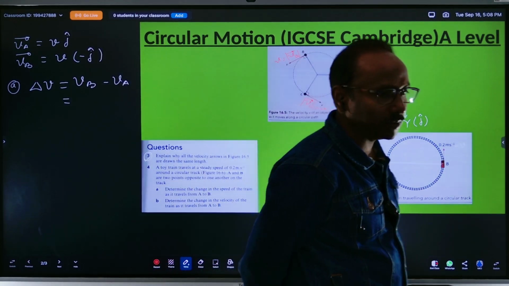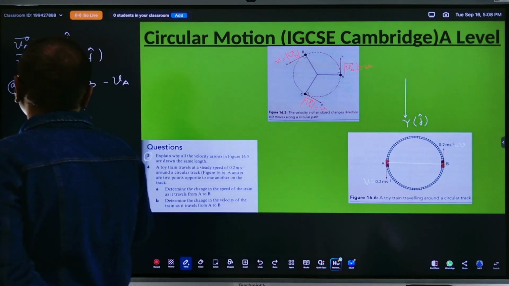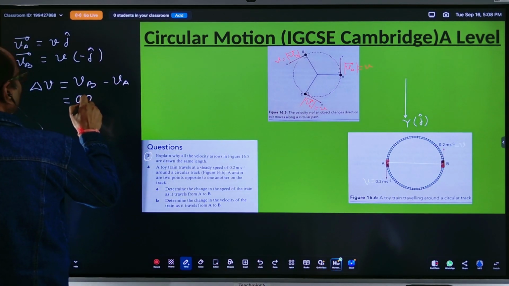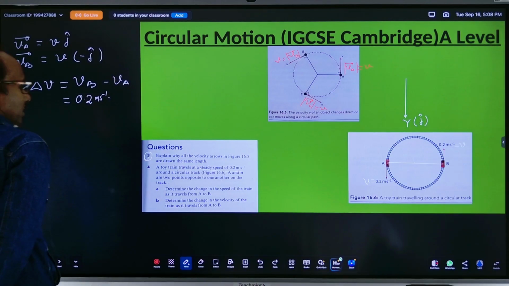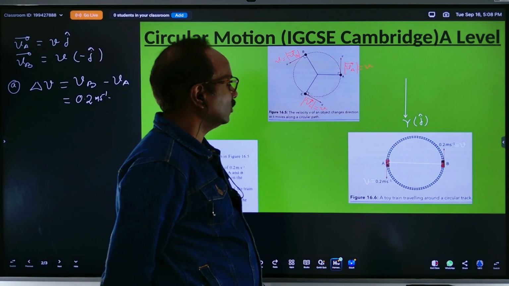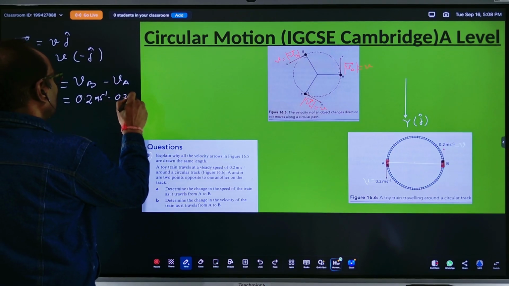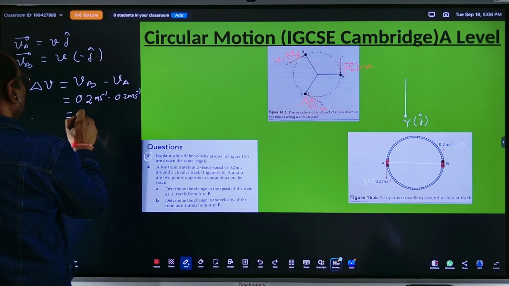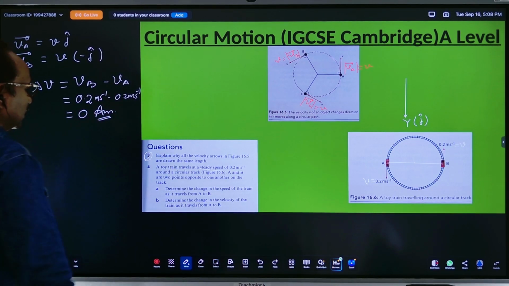Means speed at B minus speed at A. But what was the speed at B? 0.2 meter per second. What was the speed at A? 0.2 meter per second. So this will be 0. So this will be your answer for part A.